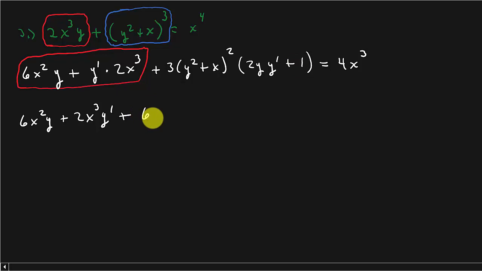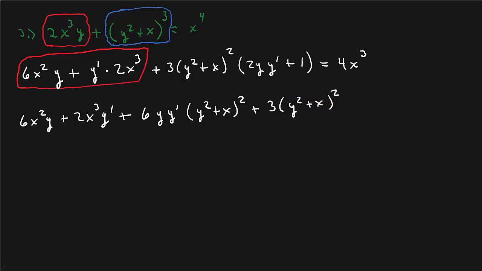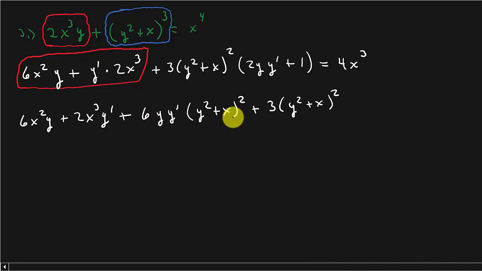So that's going to be 6y y prime times y squared plus x squared, plus 3 times y squared plus x squared. So this term right here is from multiplying it to that one, and then I multiplied it to the 1 and got this. And then this is equal to 4x cubed.